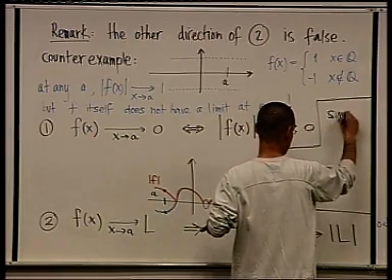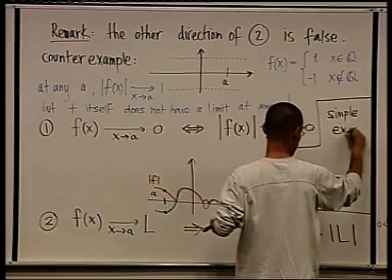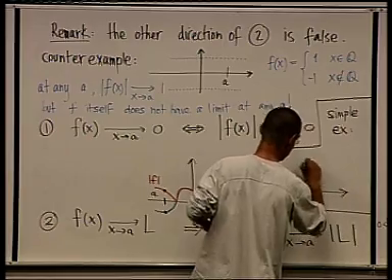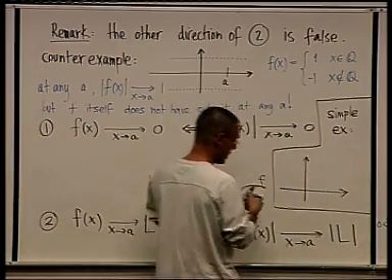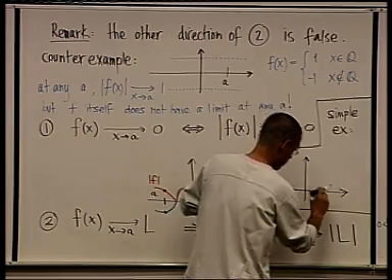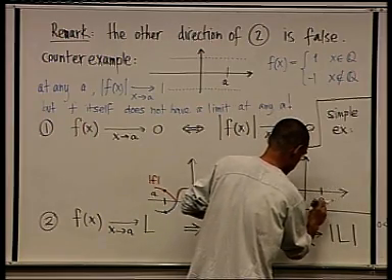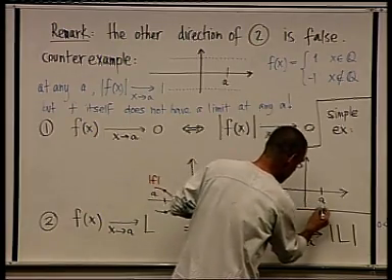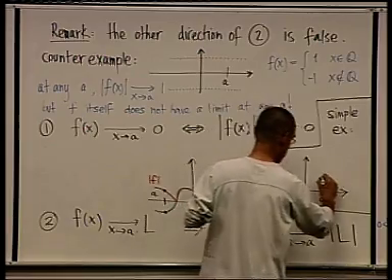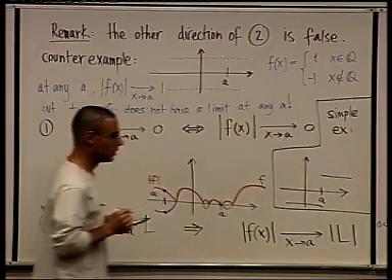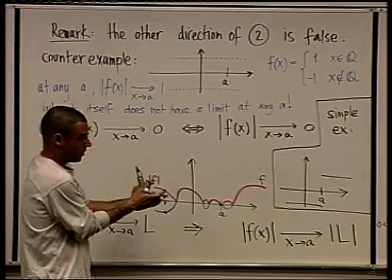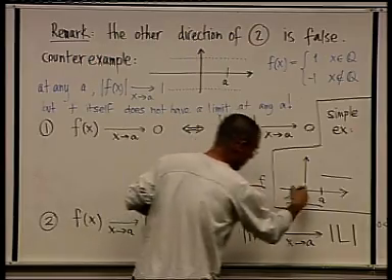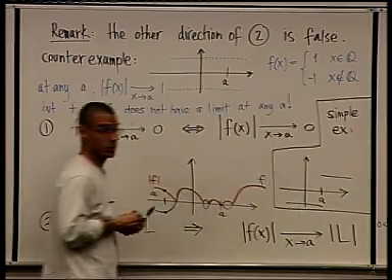Choose a point, a, and take the function to be -1 here and 1 here. So this is a very simple function. It's not Dirichlet-ish. It's just -1 up to a and 1 from a onwards.